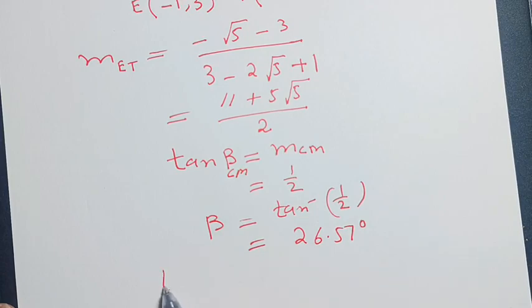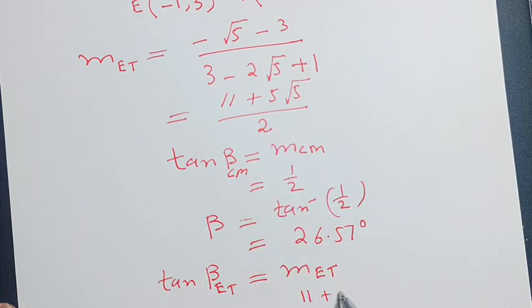Now I'm going to use tan beta. This time it's going to be ET. Tan beta ET is equal to the gradient of ET. Now the gradient of ET we have, 11 plus 5 multiply 5 root over 2.